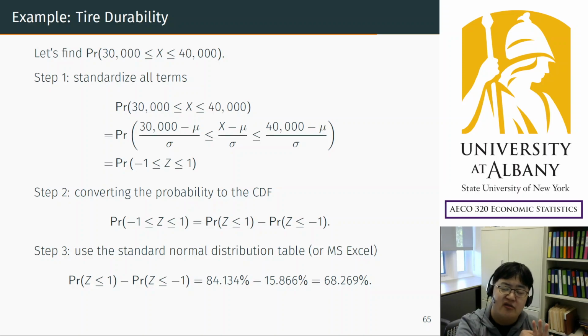Probability smaller than, probability greater than, and probability in between 2 points. And these three types of probabilities are just all possible forms of probability. So that's enough. That means the CDF can calculate any kind of probability you want.